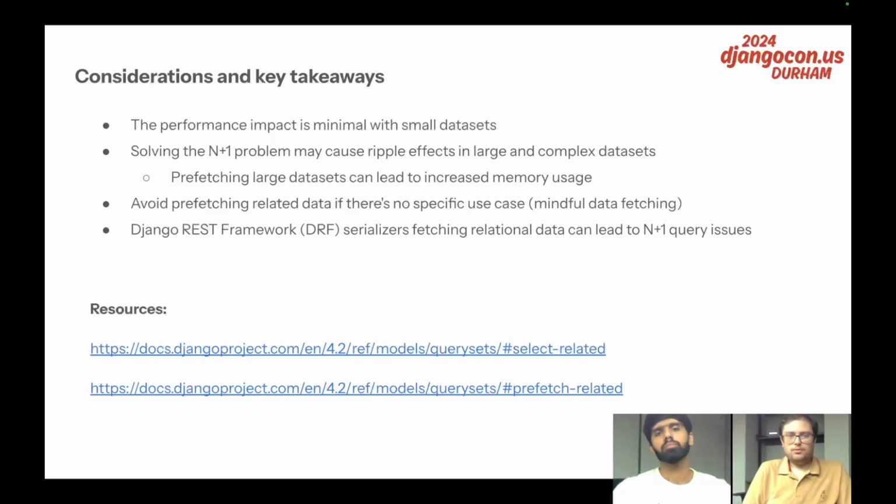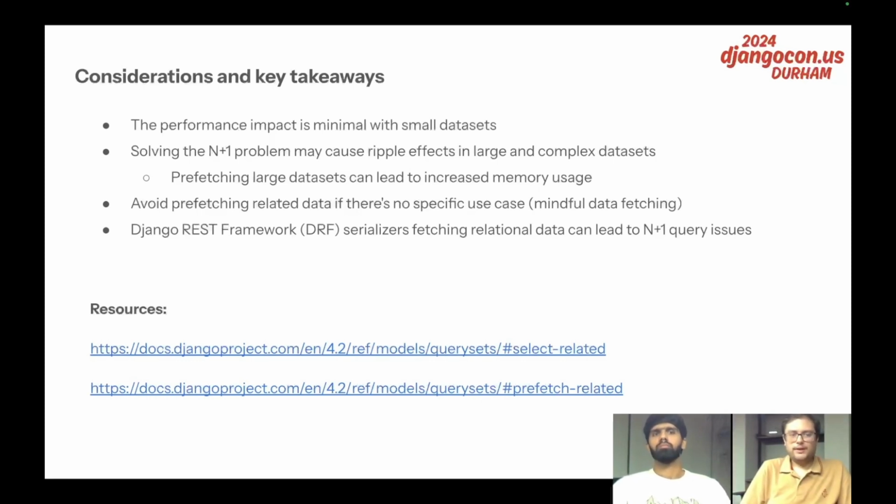Okay, so as we wrap up, here are some considerations and key takeaways. First, the performance impact of N+1 queries will be minimal on small data sets, which is obvious, as Ahtasham has explained earlier. However, as the data grows, so does the impact.